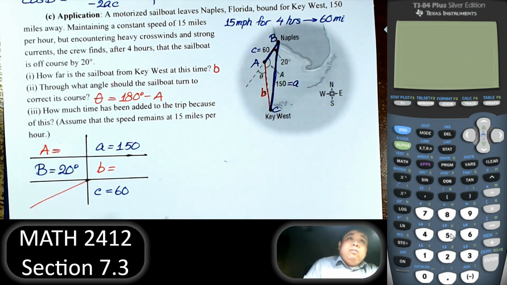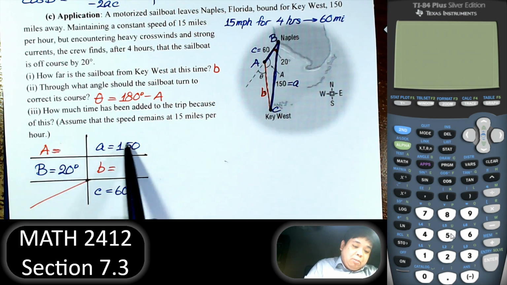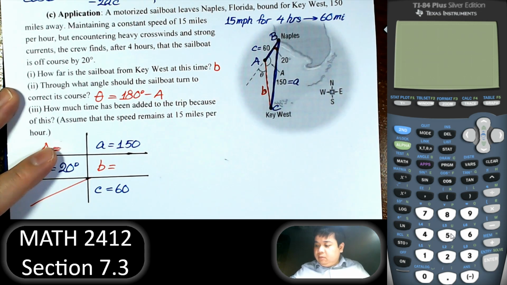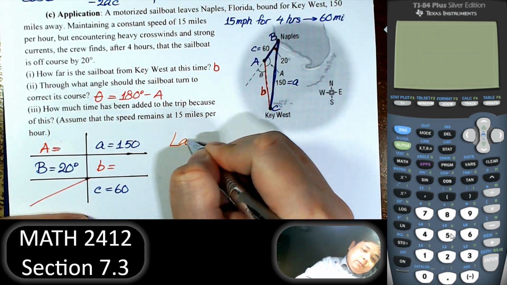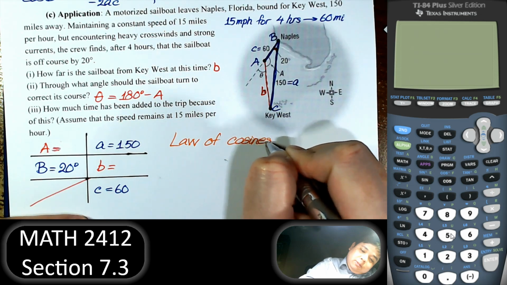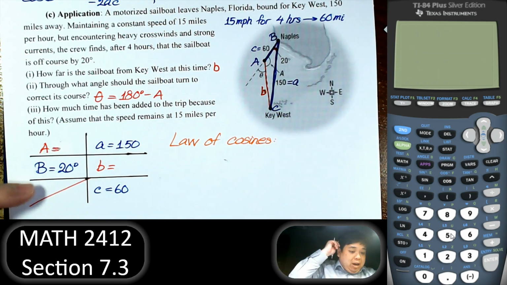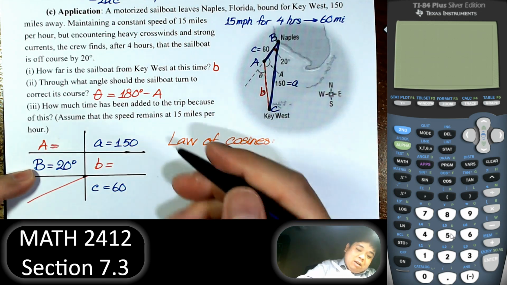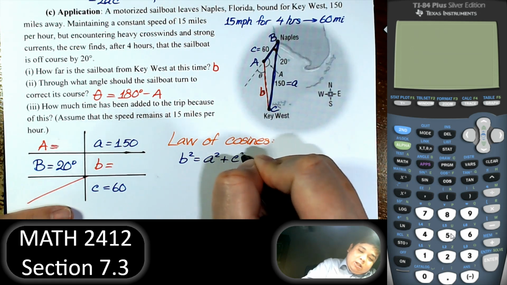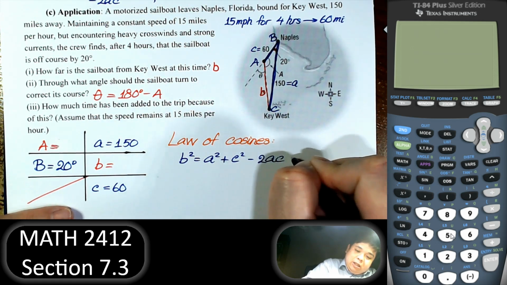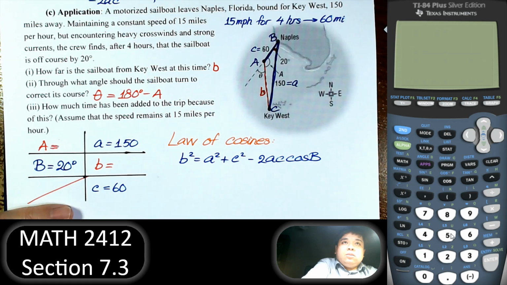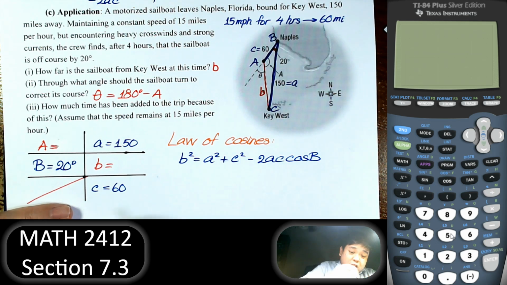Now, once again, we do not have a pair of opposite sine angles, so this must be the law of cosines. And we have angle B, so we have to start with B. B squared equals A squared plus C squared minus 2AC cosine B. Let's just put all the numbers in.